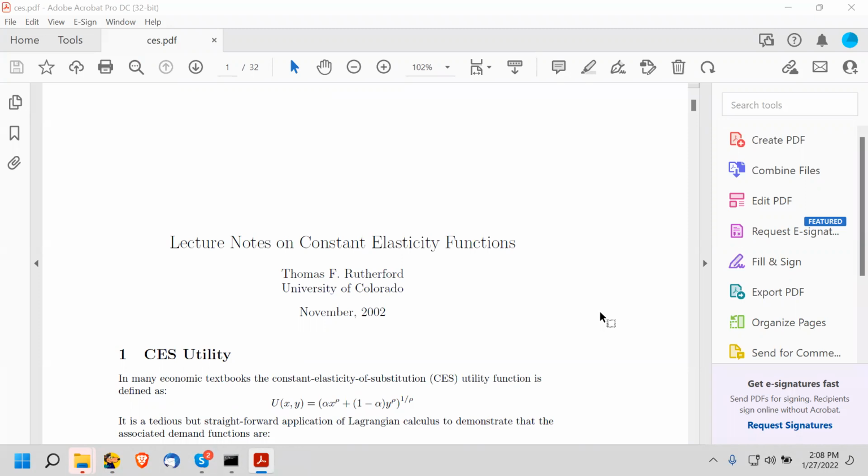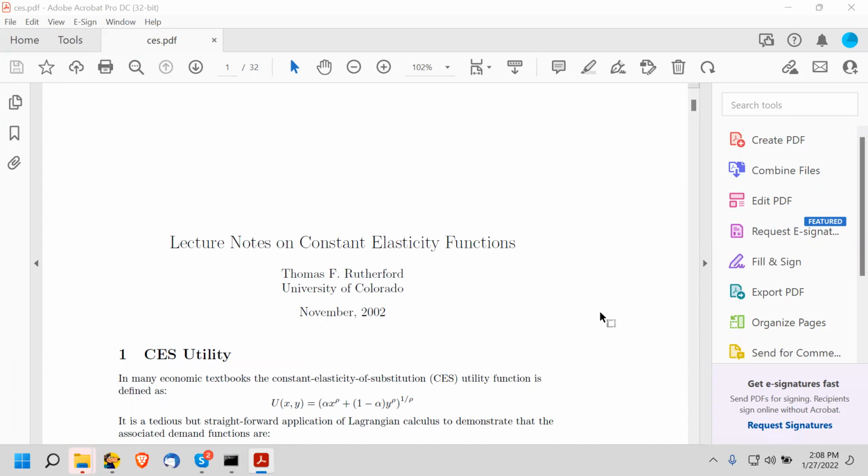But we have this paper where we prove that CES functions are locally flexible and globally regular. In other words, you give me a point in the price space where you calibrate it, and the matrix of own and cross price elasticities at that point, and you can come up with the CES nested function that will match that. That was a cool result, because previously flexibility was only available with flexible functional forms like generalized Leontief and translog.